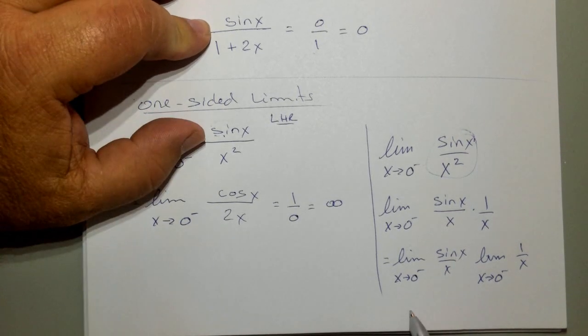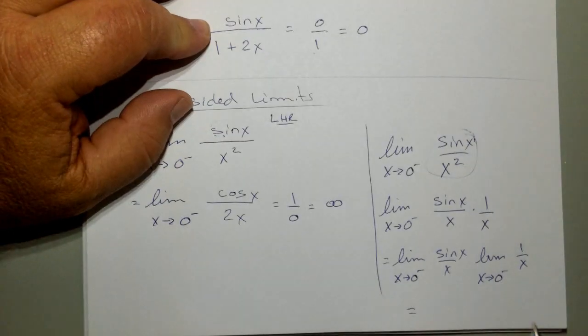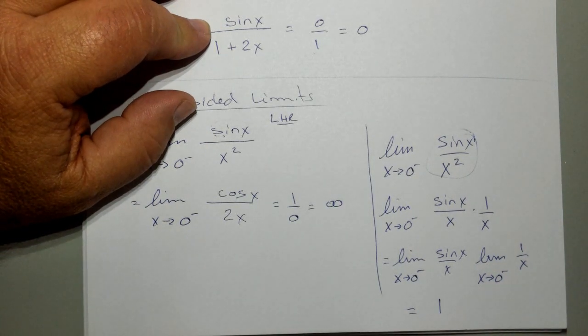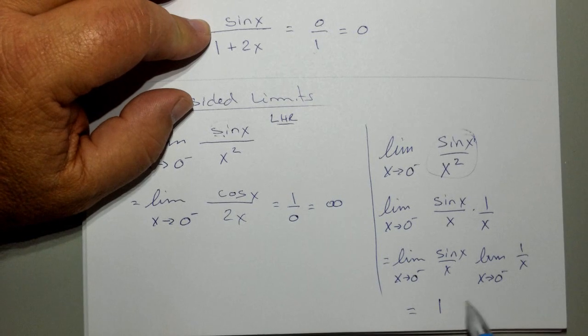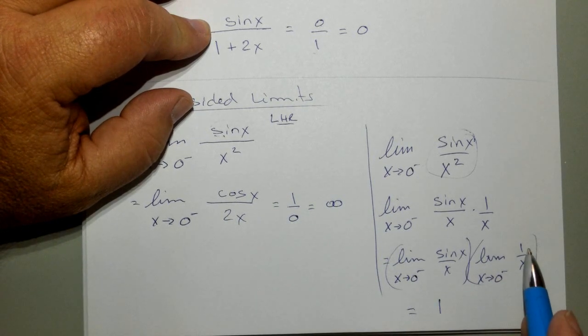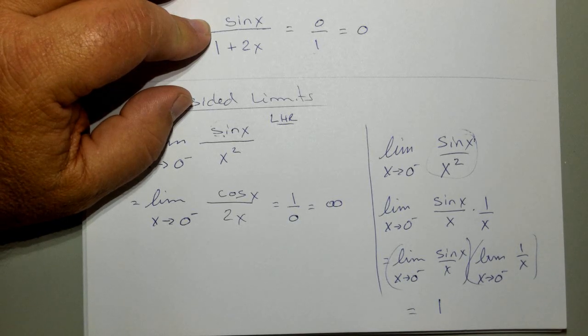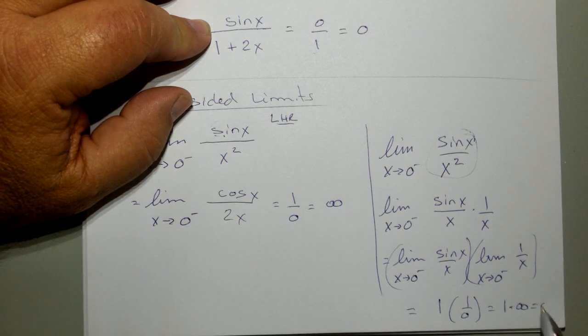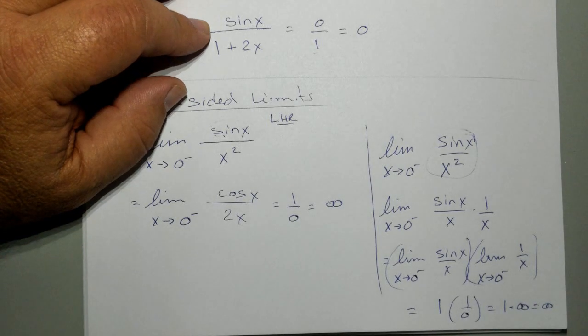What is the limit of sine x over x as x goes to 0? 1. We also just proved it not too long ago. So that's the first one. What's the limit as x goes to 0 of 1 over x? 1 over 0, which means it's 1 times infinity, is infinity.